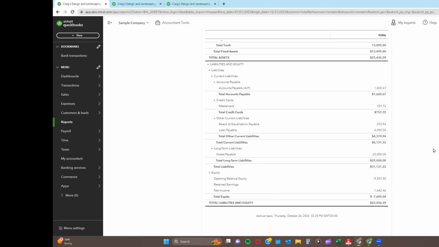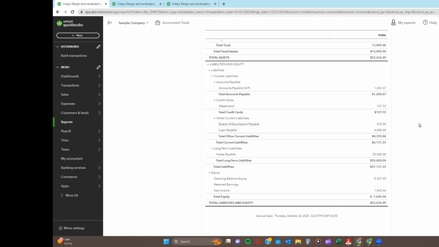Okay, let's go down to his liabilities here. He has some payables. So he's got $1,600 in payables that he owes to his vendors. Looks like he has a credit card here. He's got a MasterCard. Okay, he owes $157.72 on his MasterCard. He's got this thing called Board of Equalization Payable.